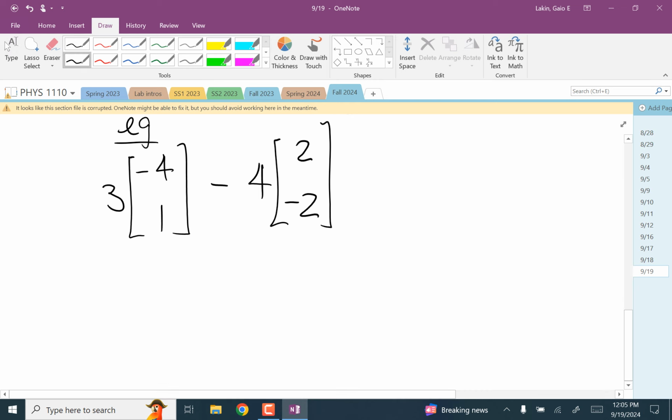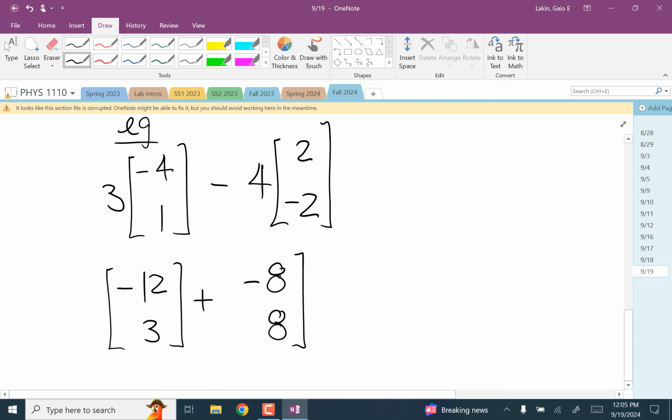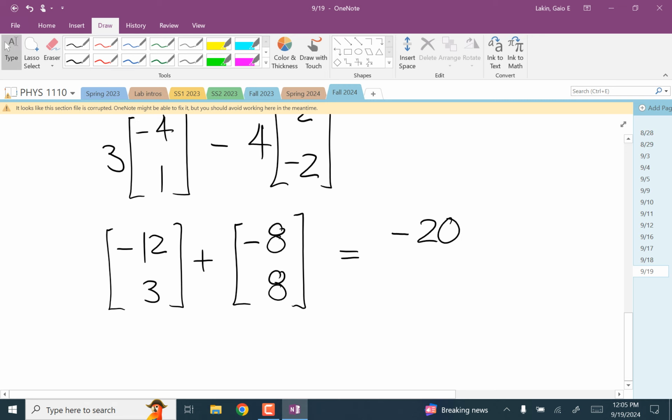So we can rewrite this as 3 times that first vector, so -12, 3, plus, and we can multiply -4 times this vector to get the other thing. So -8 for the x component, +8 for the y component. Is everyone with me on that? And now you're just adding those two vectors. So we get negative 20 for the x component, positive 11 for the y component.